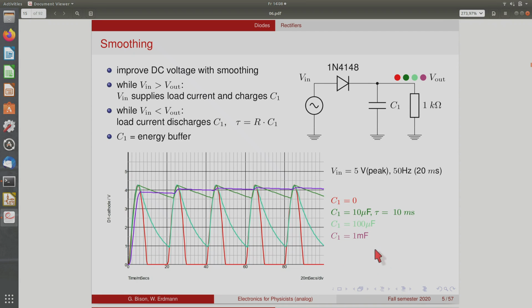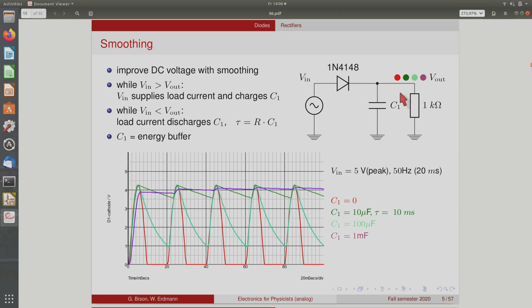I'm afraid the labeling is wrong. Of course, the shortest time is this one. So you follow the input curve to a certain point, then the input goes negative again, and then the capacitor is discharged through this resistor, and the RC time of this discharge is given by obviously the R of this resistor and the C of this capacitor.